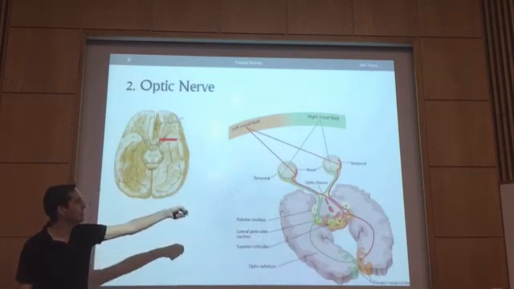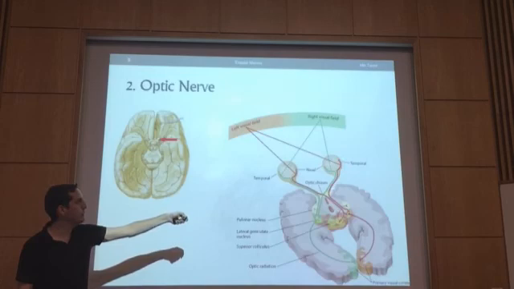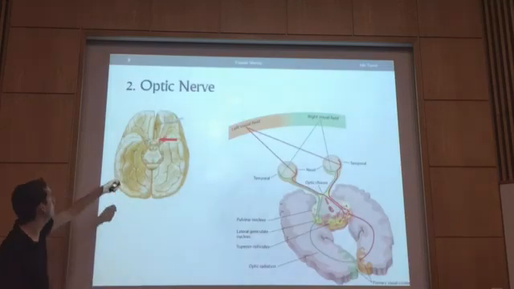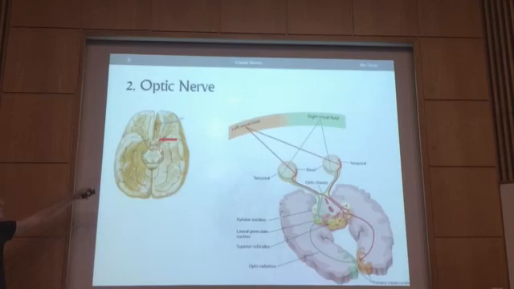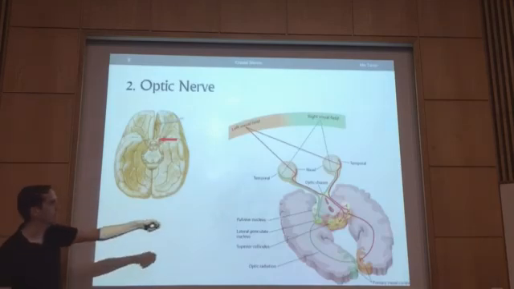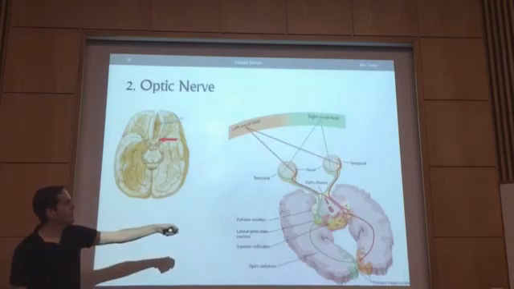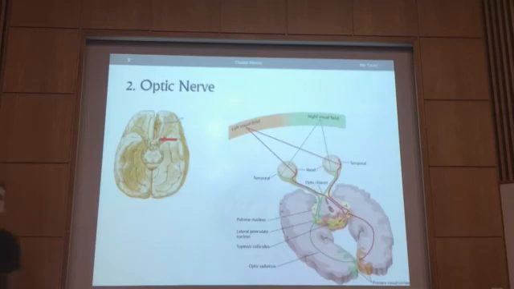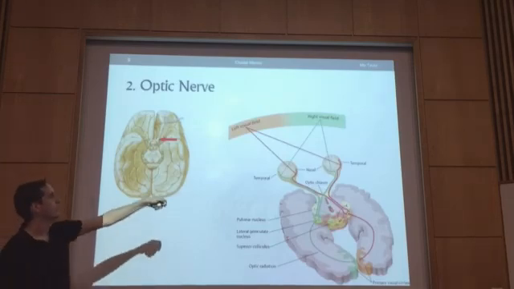This information in red goes through the optic nerve, gets to the optic chiasma and goes through the optic tract. You see here a part of the optic tract. The rest of the optic tract is covered by the temporal lobe. We saw it earlier today. And through the optic tract, this information goes to the lateral geniculate body of the thalamus.